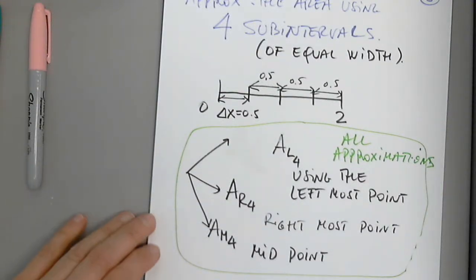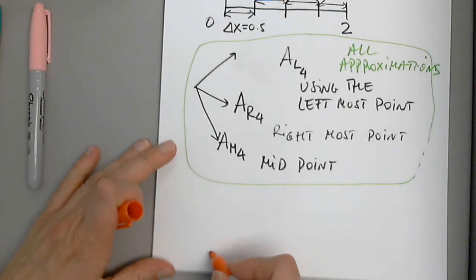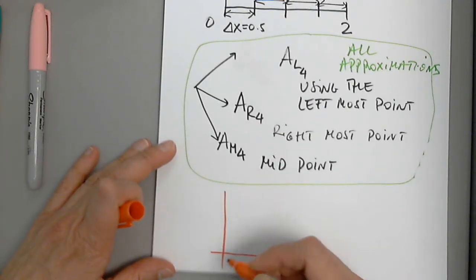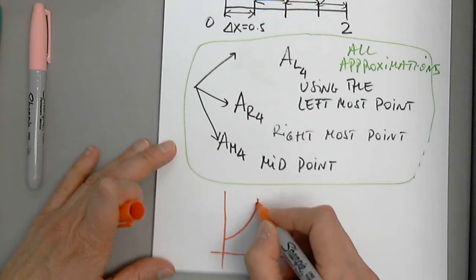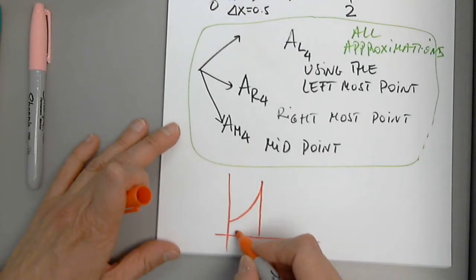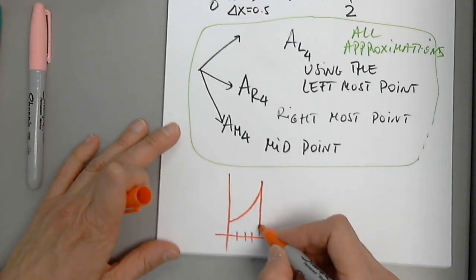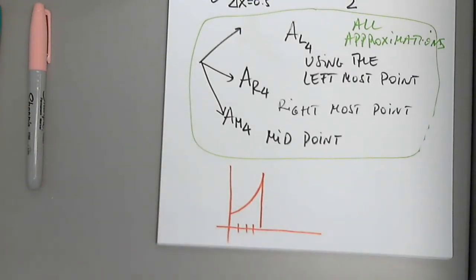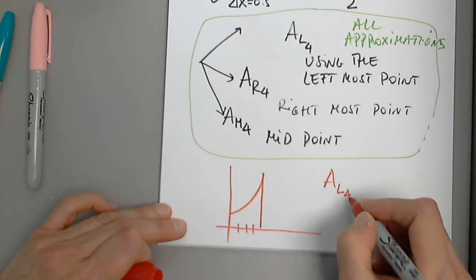Okay, so I'm going to graph it again. Here's the graph. Four subintervals. And we want to find L4.